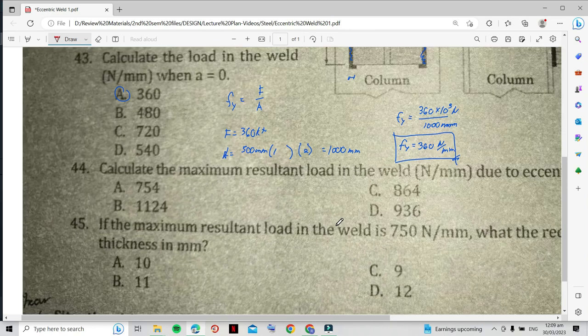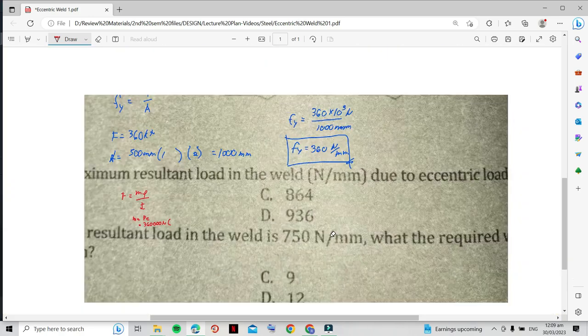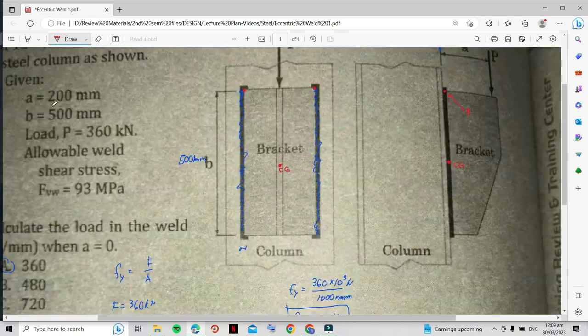Resultant shear stress is equal to moment times rho over I. So we should find the moment first. Moment is equal to P times E, which is Newton times the eccentricity, A, which is 200.